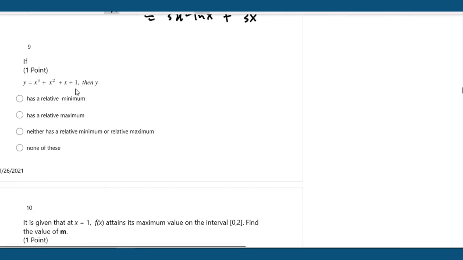So number 9. Number 9 is given this function, y. We need to check whether this y has a relative maximum or minimum, or neither. Okay, let's say the graph is like this, or you differentiate: dy/dx is 3x squared plus 2x plus 1.